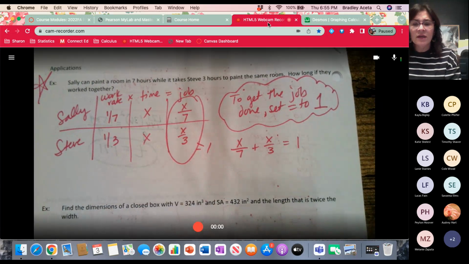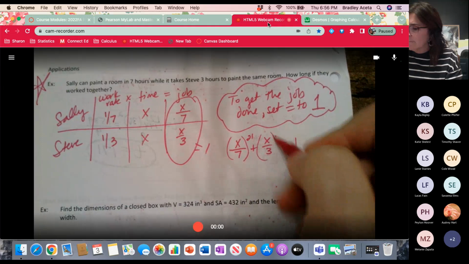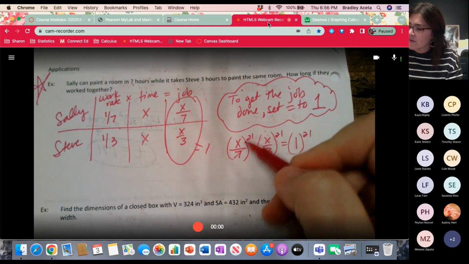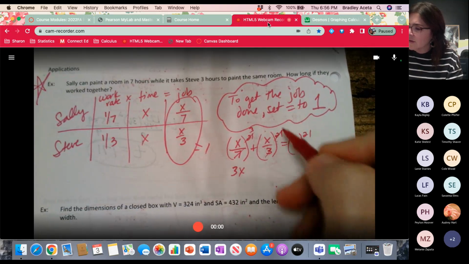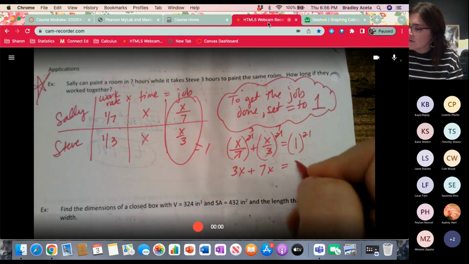And just like we were doing in the beginning, you're going to multiply everything by the common denominator. This is how I would do it, which would be 7 times 3, which is 21. And 7 goes into 21 3 times, so this would be 3x. 3 goes into 21 7 times, so this would be 7x, and this would be 21.